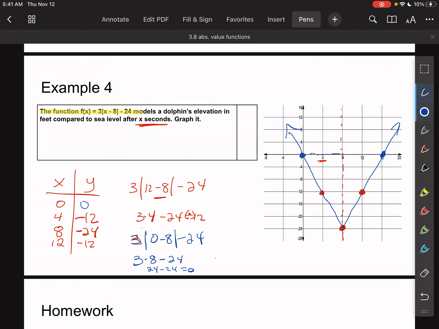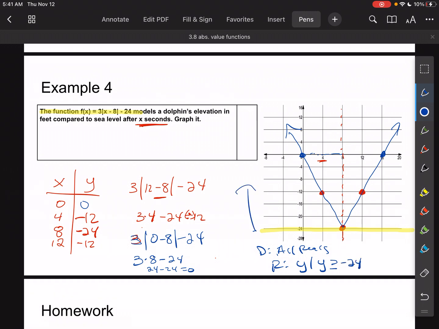And they don't ask me for domain and range on this, but if they did ask me for domain and range, this is a dolphin's elevation, so obviously it's restricted at some level. But if it wasn't about a dolphin's elevation and they're asking you for the domain and the range, the domain would be all reals, and the range on this would be the y values where y is greater than or equal to negative 24.